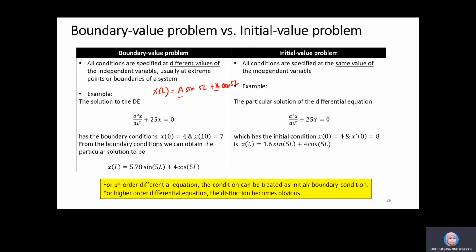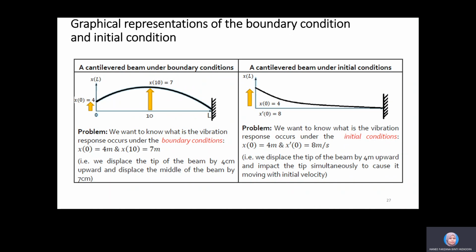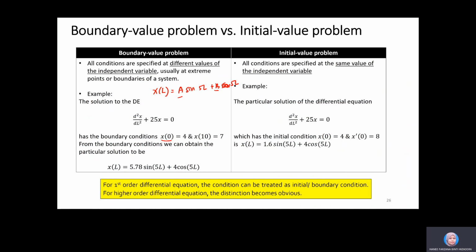You don't know the values of A and B, but if you are given the boundary condition, x when L equals 0 is 4, and when L equals 10, x equals 7, then you can work out the values of A and B, and you get A equals 5.78 and B equals 4. So this gives you the particular solution for the boundary value problem.